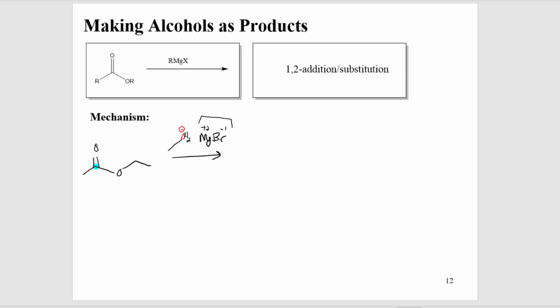The partially positive carbon is the carbonyl. And we're going to do our in, up. It's the first part of the 1,2 addition. In and up. And I just attached carbon, carbon.